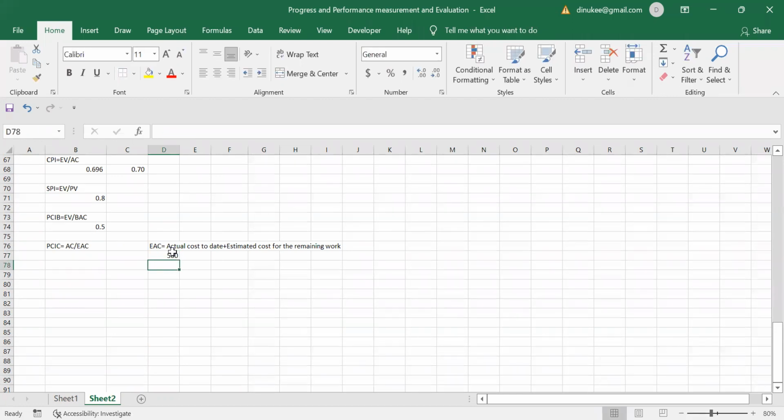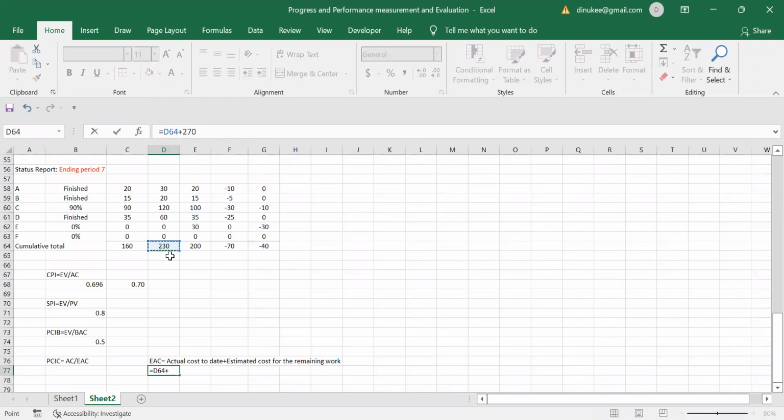Now what happens here? We took the actual cost to date. You must take the actual cost to date from the actual cost column here, right? To that actual cost to date, you have to add the estimated cost for the remaining work. So we have remaining work to be done. For that remaining work, we have 4 days remaining.